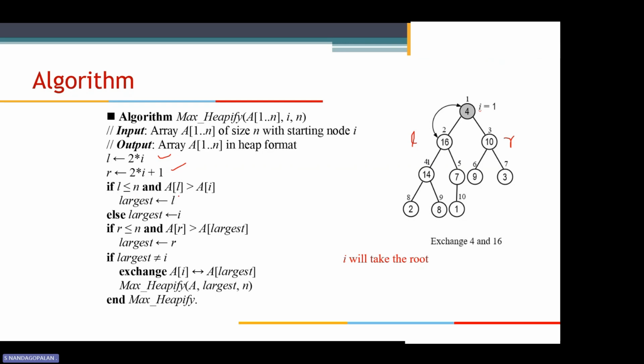And pick the larger, check or compare with the left, this one, with the ith node. This is my ith node. Okay, I'll just put it in red. So these two, whichever is, see, in this case, actually it is true.